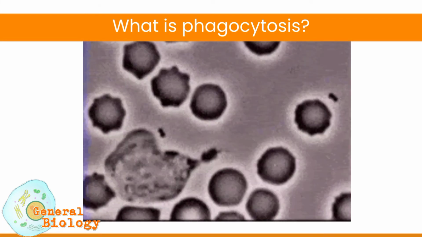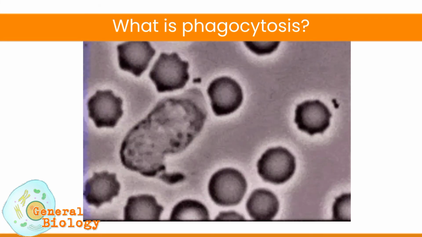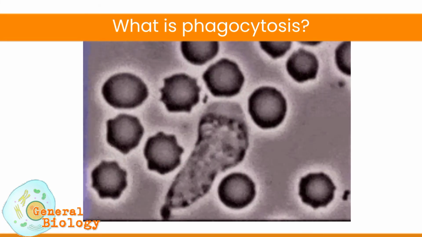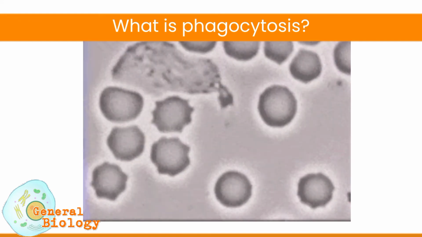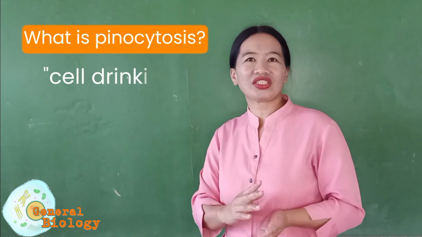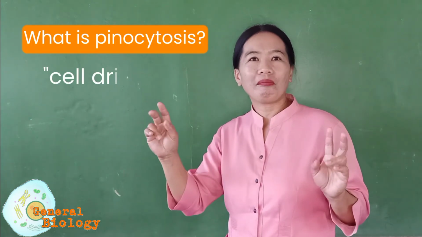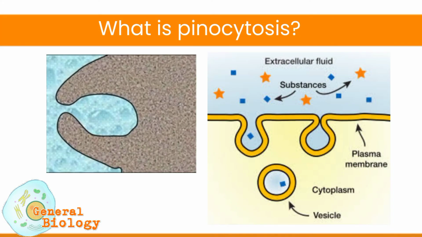Phagocytes patrol body tissues for unwanted matter such as invading bacterial cells, engulf them, and digest them. Pinocytosis or cell drinking brings fluid containing dissolved substances into a cell through membrane vesicles.